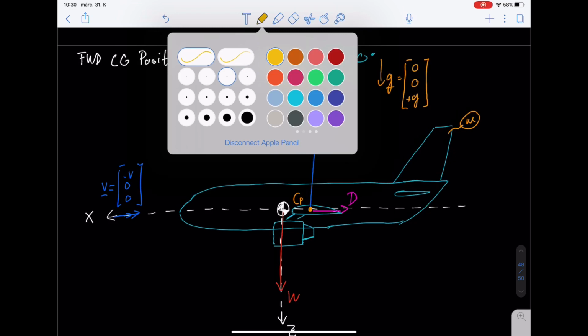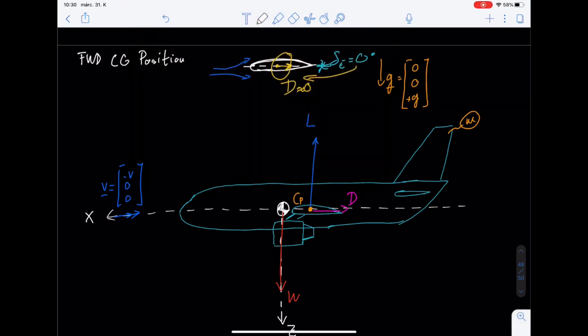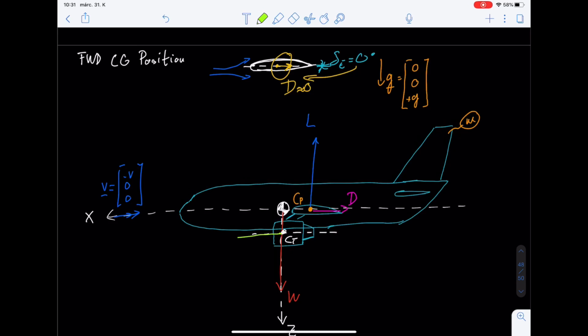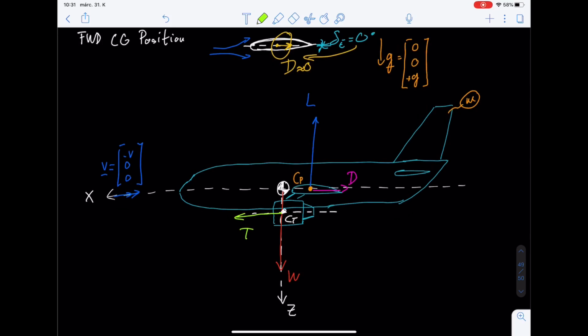Okay, so we still have the center of thrust. We're going to have thrust right here, propelling us forward. And we already established that if you want to transfer these forces into the center of gravity, you can do that. However, you need to take their arm into account, right?